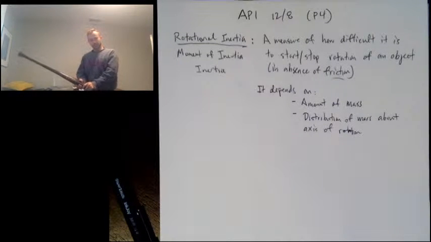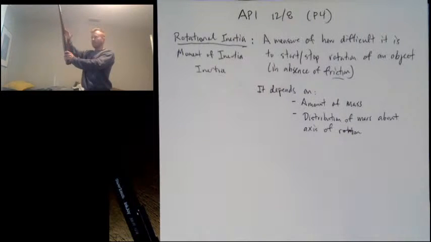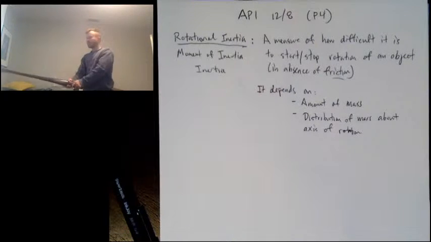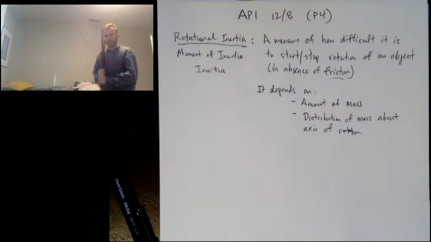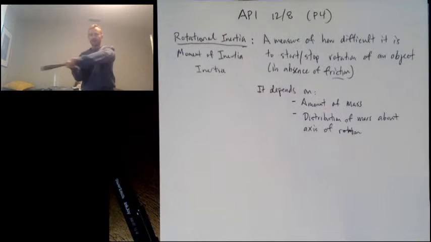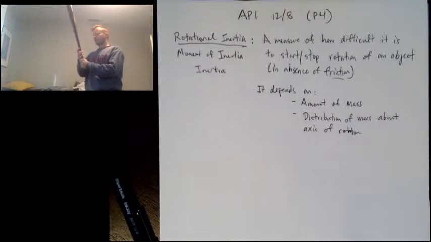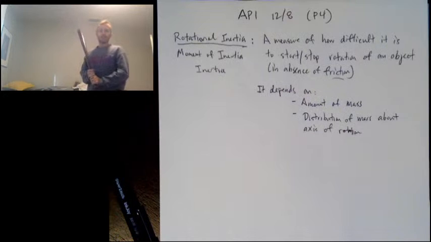And the reason is that when I hold it this way, the mass is close to my hand, so it's close to the axis of rotation, okay? That makes it a lot easier. Going back to holding the baseball bat the normal way, if you've ever played baseball and the pitcher throws the ball, and you're swinging and you're too slow, so you're not able to react to the baseball coming in, what the coach is most likely going to yell at you is to choke up.